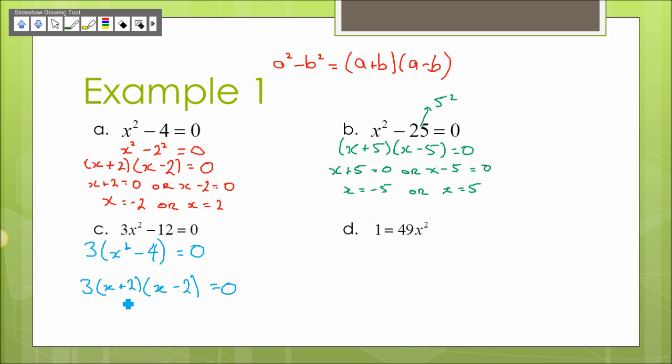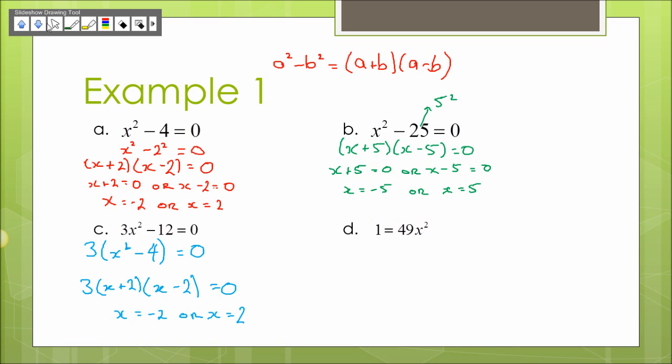We're trying to find out what x is, not what this 3 is all about. Now we already know from 1a that x was equal to minus 2 or x is equal to 2. So it's the same solution to this part, and all it took to get there was to first take out a common factor out the front. So that's where some people get trapped.